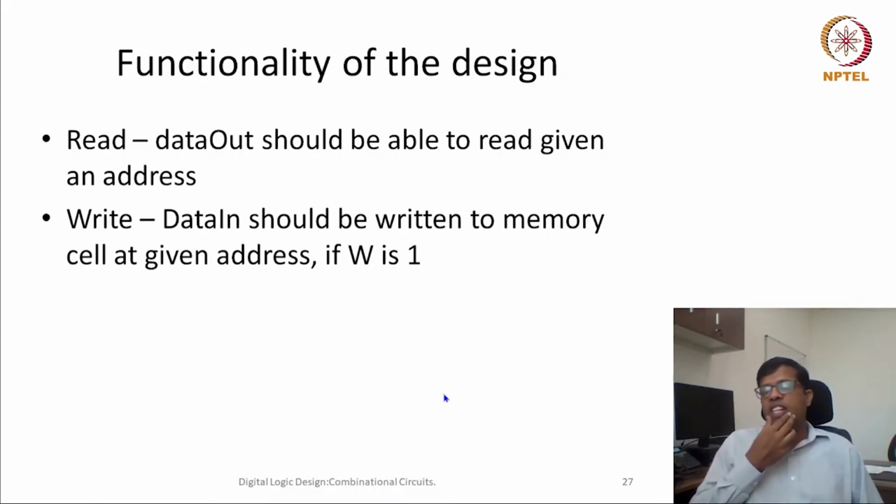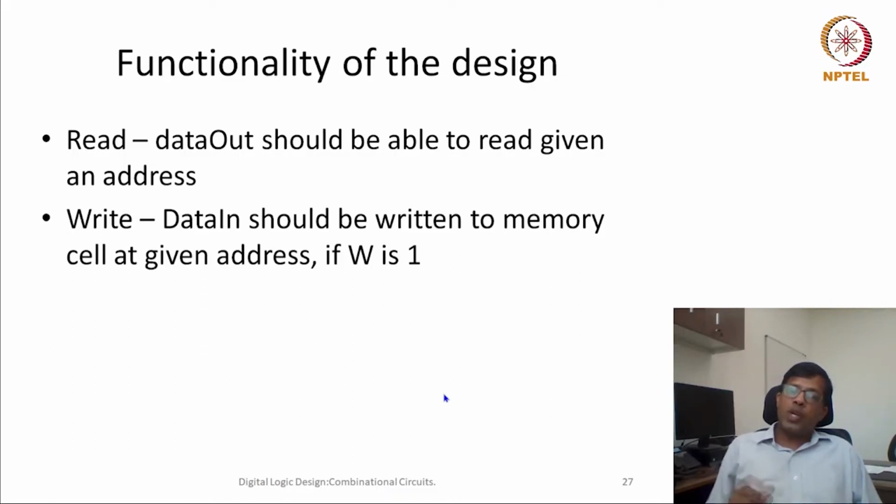Now, given this functionality, let us think about how I should go about designing it. Since we have studied the multiplexer, demultiplexer and decoder, we are inclined to think that possibly we have to use any of them. Maybe we were supposed to use tri-state buffers also. So now let's first consider write.